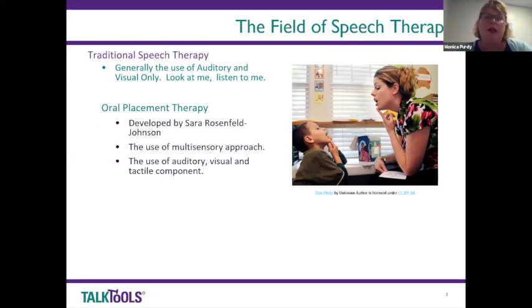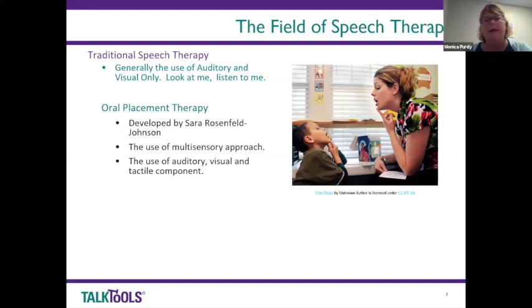Many speech therapists are trained in the muscles of the mouth, but that's kind of it. We're not really trained to look any further or to utilize how those muscles work. How do those muscles affect speech and feeding?